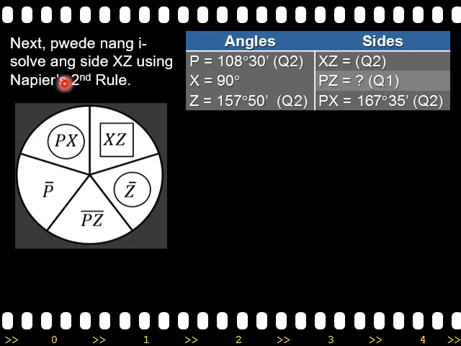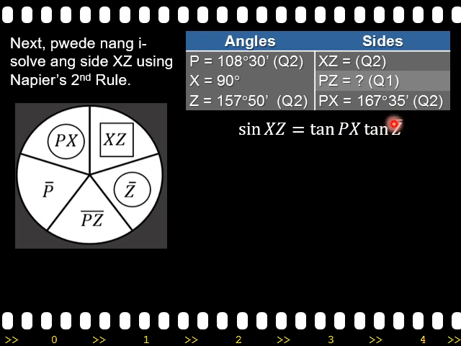Okay, next na pwede nating masolve ang side XZ using Napier's second rule. So, yung nasolve natin kanina na angle Z, pwede na natin siyang ipasok dito as one of the given. So, susolve naman natin si XZ this time. So, using second rule, here we have sine XZ equals tangent PX times tangent Z. So, again, tatanggalin natin yung bar.